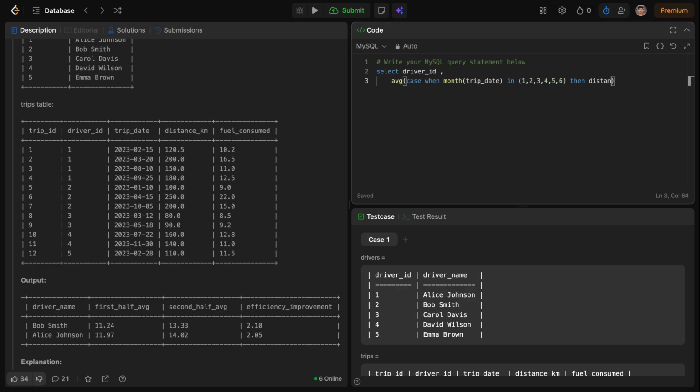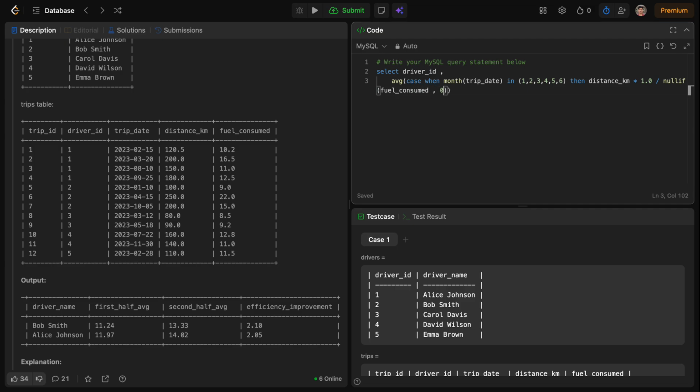So distance in km, we multiply by 1.0 because of the decimal places, so there is no issue or error. Then divide by the fuel consumed, checking that it is not 0. Why check for not 0?